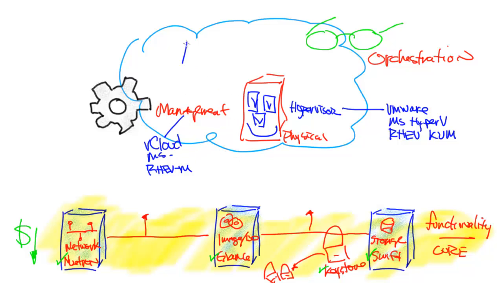When Nova comes into play, now Nova is not an orchestrator. There are multiple orchestrators. Nova really is more of a manager of the environment and does orchestration functionality as well. So it's kind of that hybrid approach.